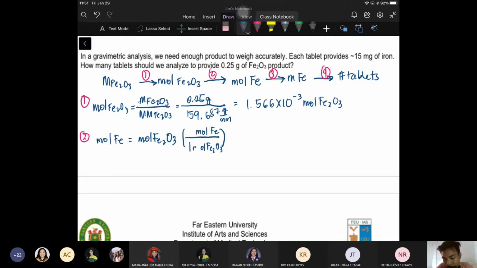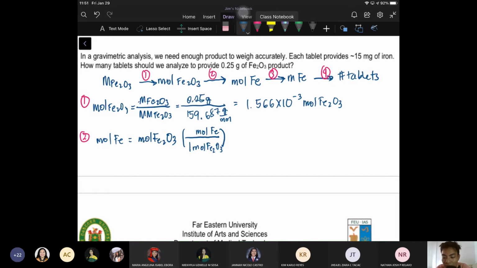How many moles of iron does it contain? Ilang moles ng iron meron ang iron 3 oxide? Anong gagawin nyo pag ganyang question? Okay, so sabi ni John Gabriel, 2 because that is given by the formula.